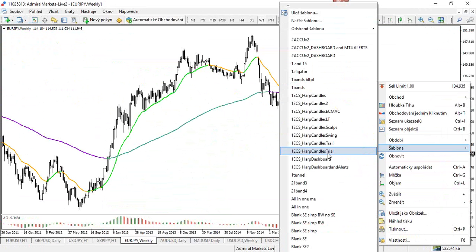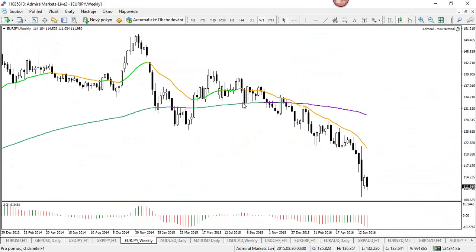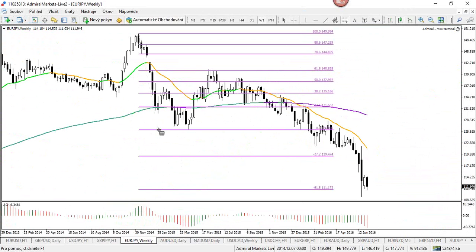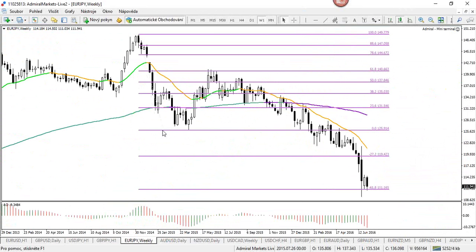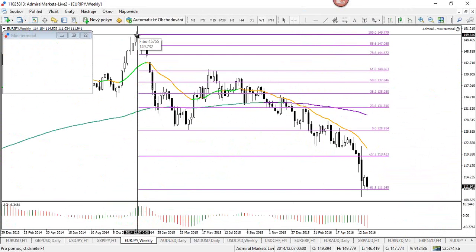All right, here's the euro yen in the meantime. And this is really moving far. It is at the minus 61.8 target. Actually, this first leg, whether it's a wave 1 or A, we don't know, but this is a 2,400.